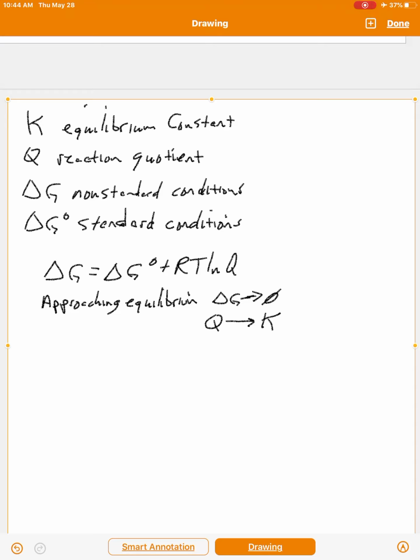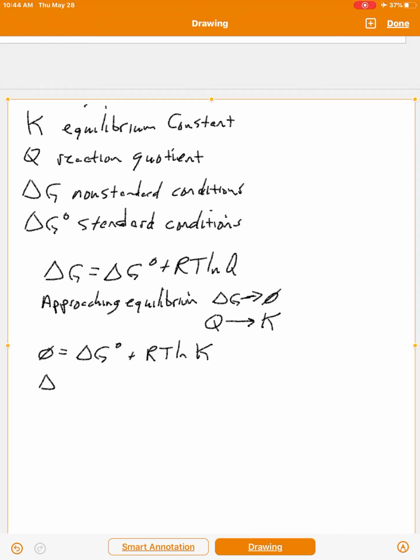Delta G is going to approach 0. So 0 is going to equal delta G naught plus RT ln K. So if we are at equilibrium, Q becomes K. That's what equilibrium can be thought of, is when Q, the reaction quotient, is equal to K, the equilibrium constant. We now can subtract the second term, RT ln K, from both sides.